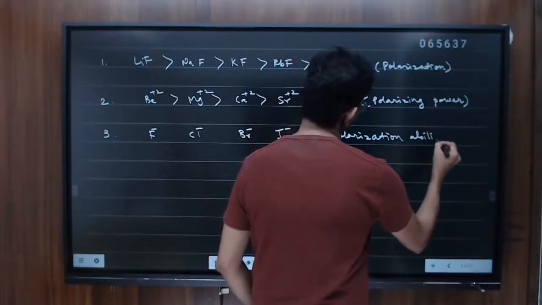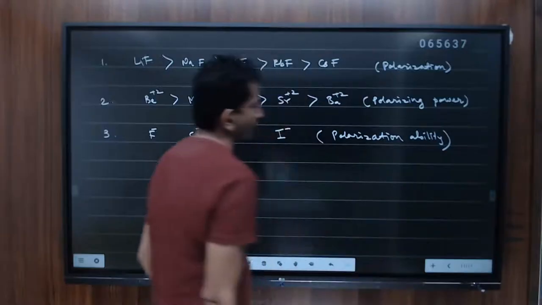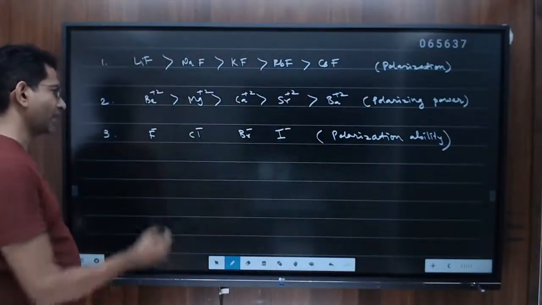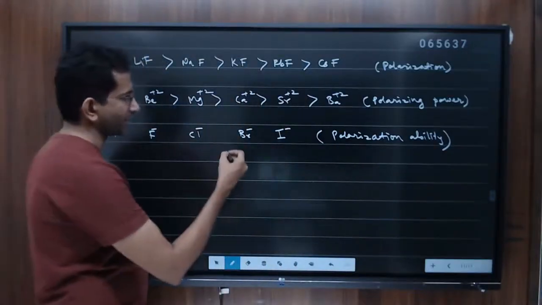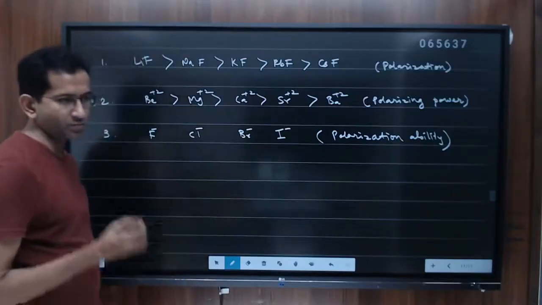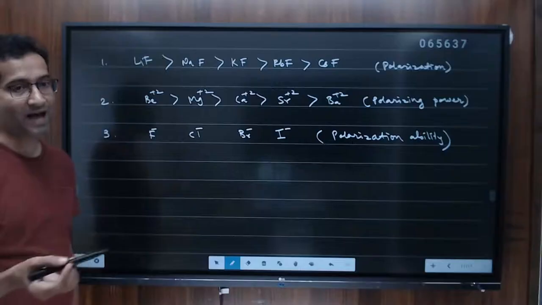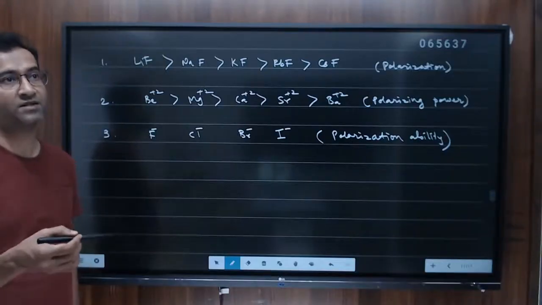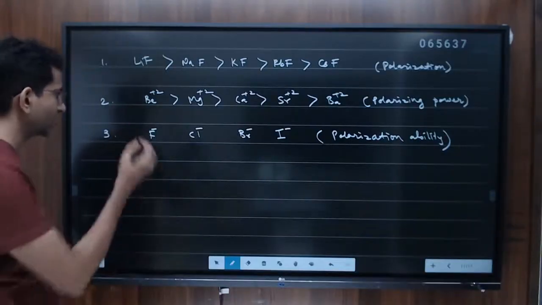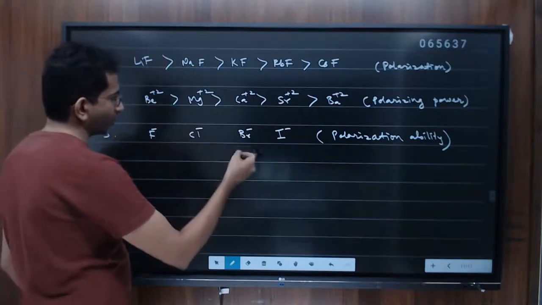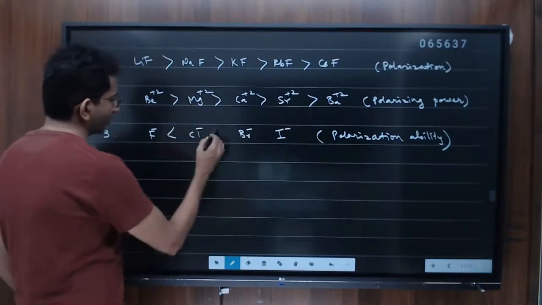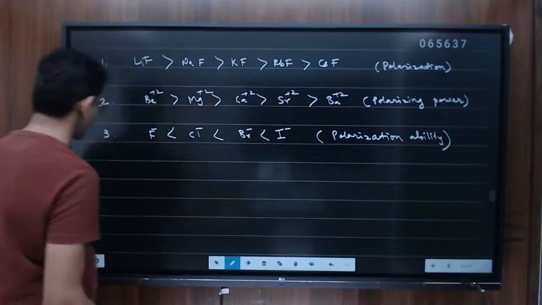These will not polarize, they themselves will be polarized. Now F minus Cl minus Br minus I minus, what I told you, small cation, large anion. So if anion is large, it has higher tendency to undergo polarization, to fluoride to chloride to bromide to iodide. What happens? Polarization will increase.